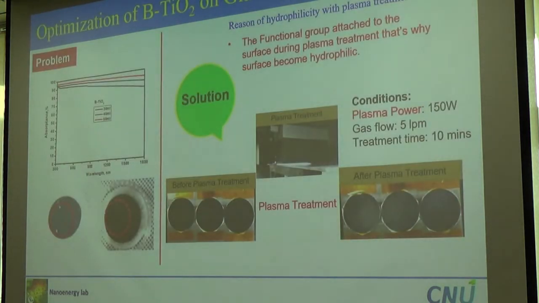I optimized my sample, and the problem which I have is the larger loading volume. When I loaded the volume on the glass fiber filter by vacuum filtration method, the surface becomes hydrophobic, like you can see in the spectra here.